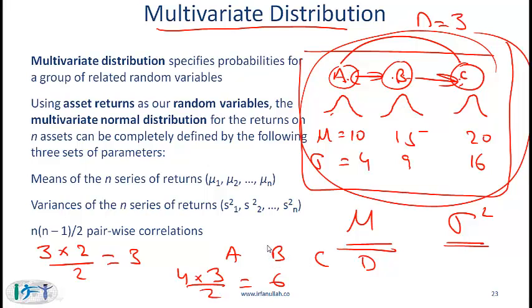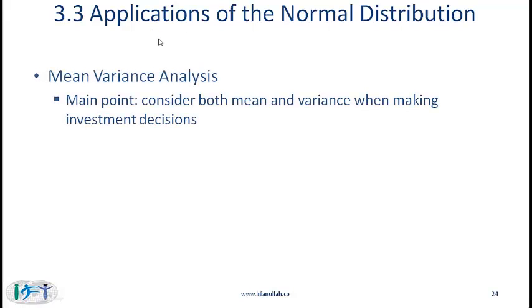So that is all that you really need to know with regards to multivariate distribution. Let us now talk about the applications of the normal distribution. There are two major items.